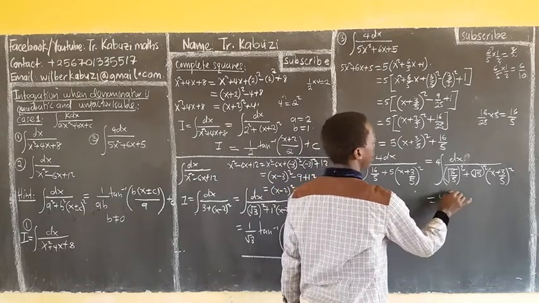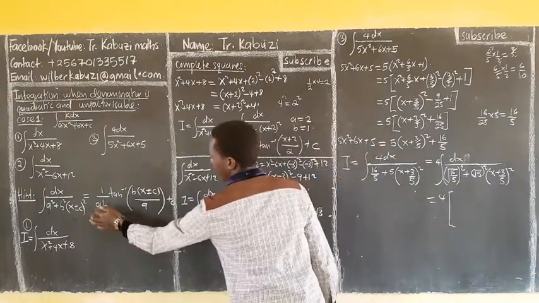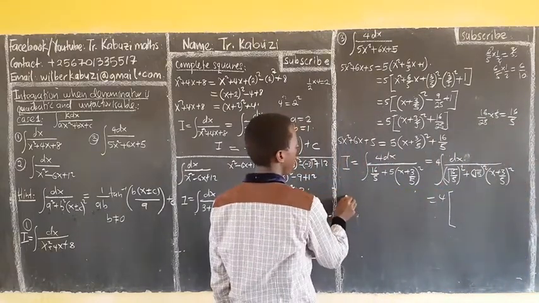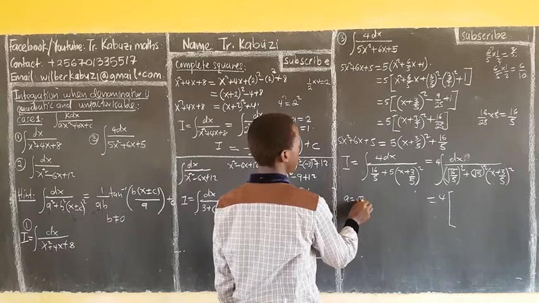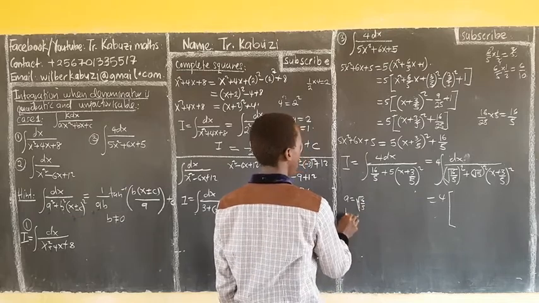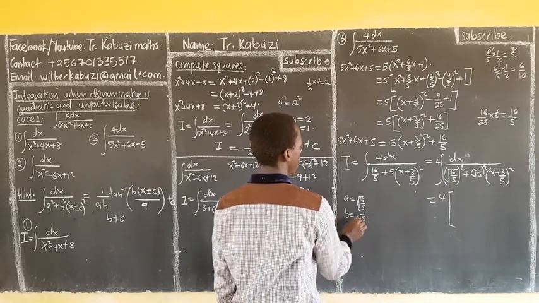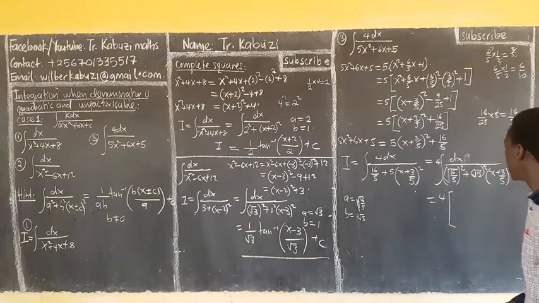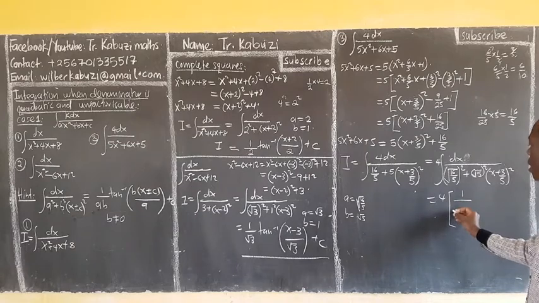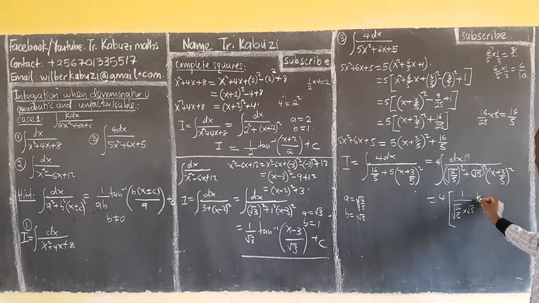So this is 4 into now a times b. From here I start, my a is going to be root of 16 over 5, comma, my b will be root 5. The a and the b. So when I multiply them, I'll be having 1 over root of 16 over 5 times root 5, and inverse of b.